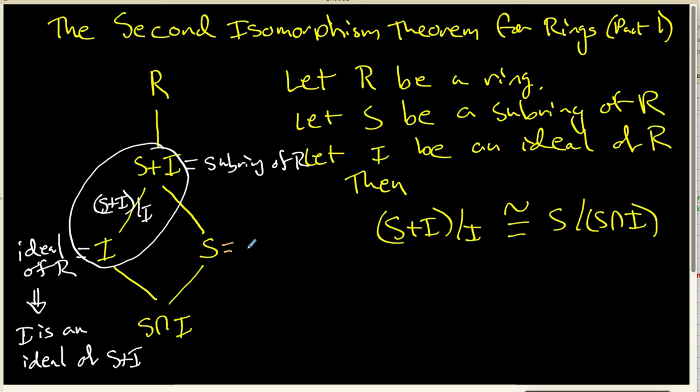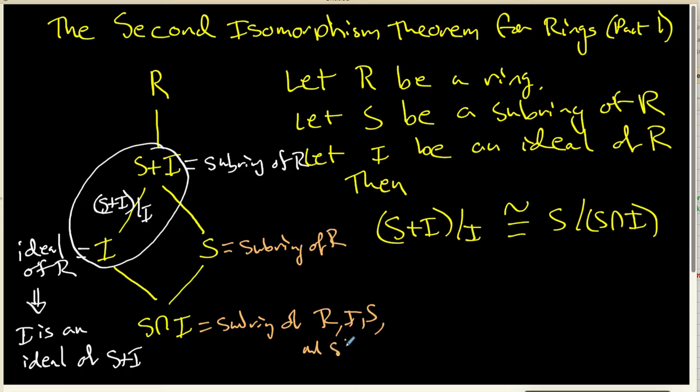We know from the main hypothesis that S is a subring of R, and in the preamble we proved that S intersect I is a subring of R, I, S, and also S plus I, because it's a full-fledged ring and it's a subset of all of those.